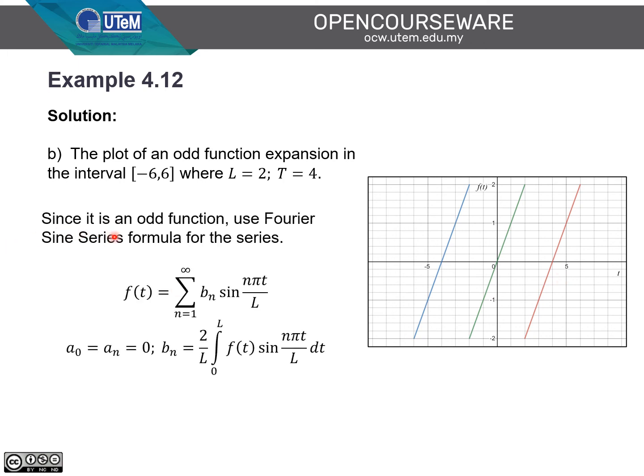Since it is an odd function, we're going to use the Fourier sine series formula to find the series. And the formula is as shown here. We note that the Fourier coefficients A0 and An equal 0.